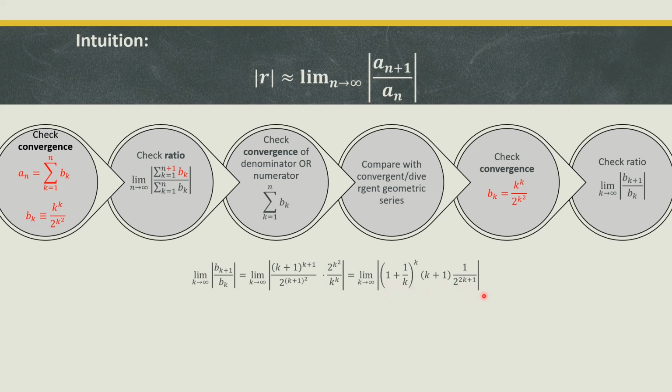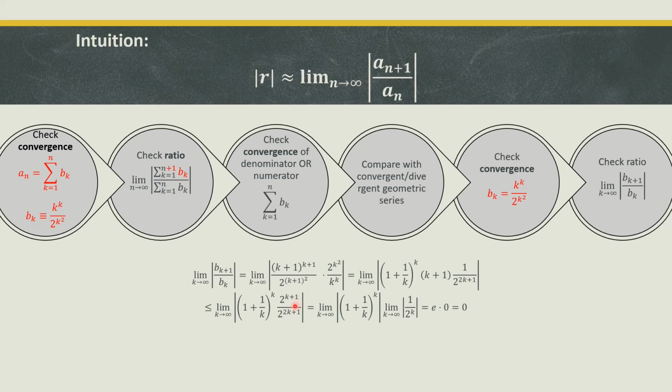Now, to simplify this evaluation of the limit, we notice that this k plus 1 here, we can actually replace with 2 raised to some exponent, right? So we know that k plus 1 is less than 2 to the k plus 1. And it's easy to convince yourself, or if you want to do it more formally, you can do a mathematical induction proof.